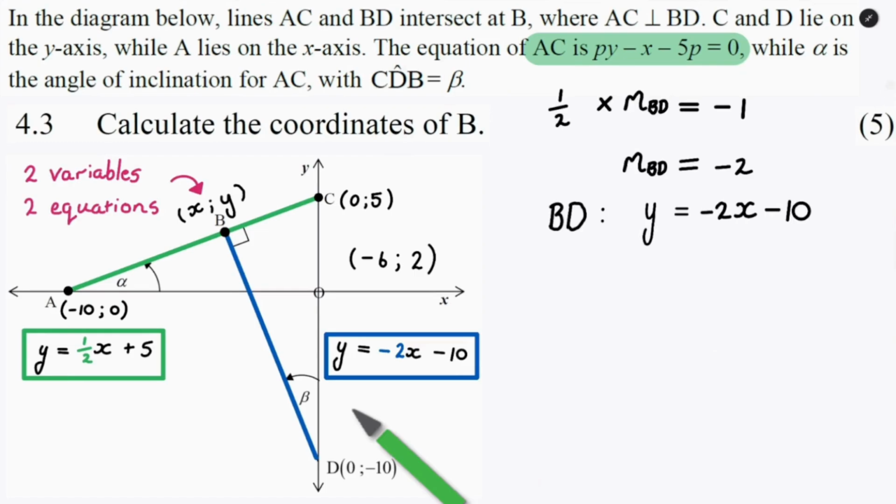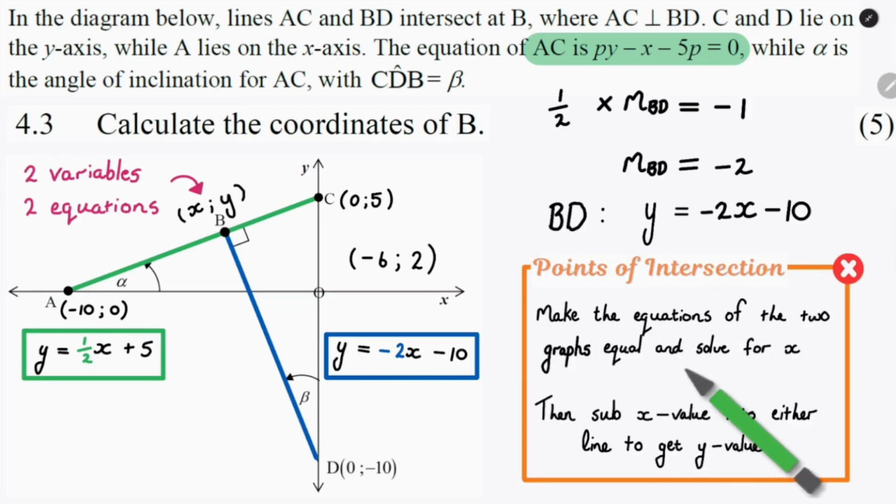And now that we have the equation of the blue line, we can jump back into our original mission from earlier, where we're going to get the points of intersection and make the equations of the two graphs equal. So I simply do that by grabbing the equation of the green graph, half x plus 5, equals the equation of the blue graph, minus 2x minus 10, just like this.